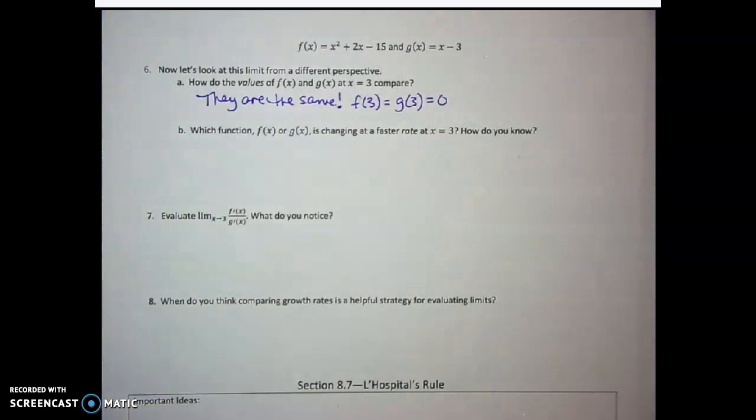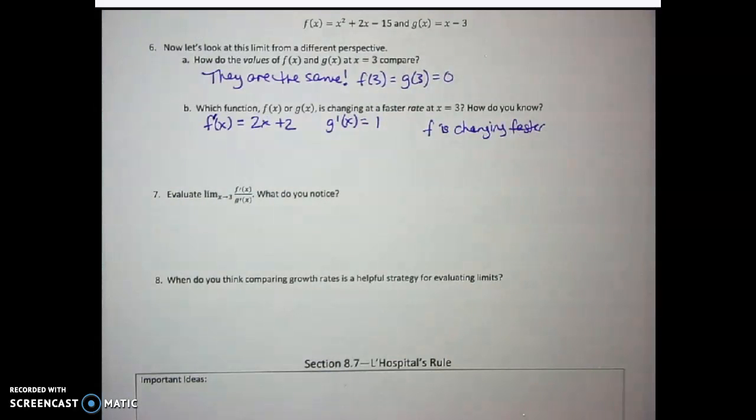Now let's see which function, f of x or g of x, is changing at a faster rate at x equals 3. How do you know? Again, pause the video and see if you can figure out how to answer that. Hopefully you realized that since we're talking about a faster rate, all we need to do is compare the slopes at x equals 3, which means we need to take the derivative.